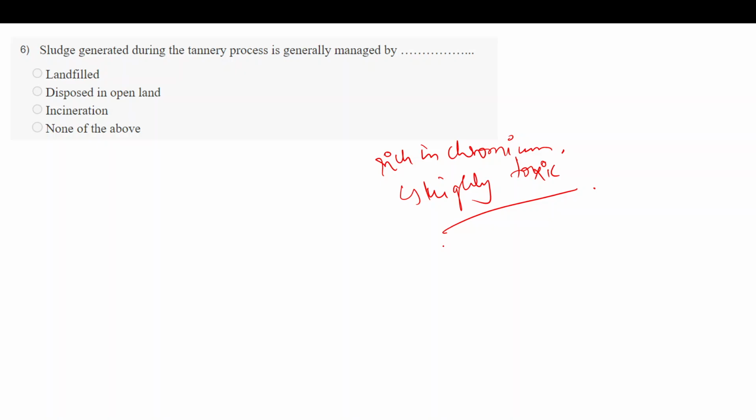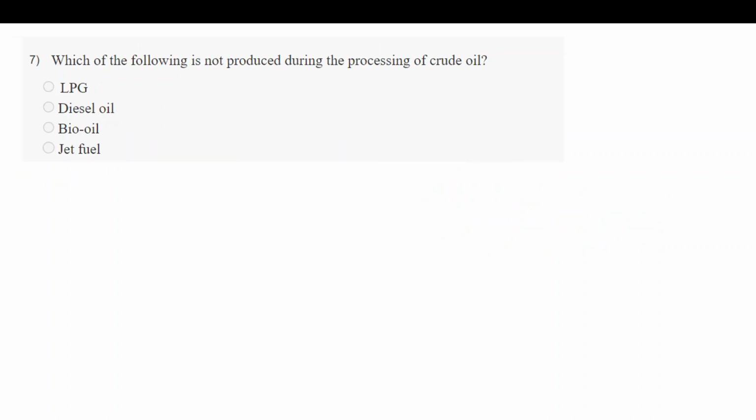So in that case, you need to dispose of it into landfill sites because of its toxicity. It cannot be disposed of in open land because some secondary pollution can happen. And also during incineration, there are chances that air pollution will increase. So landfill is the best option for this.